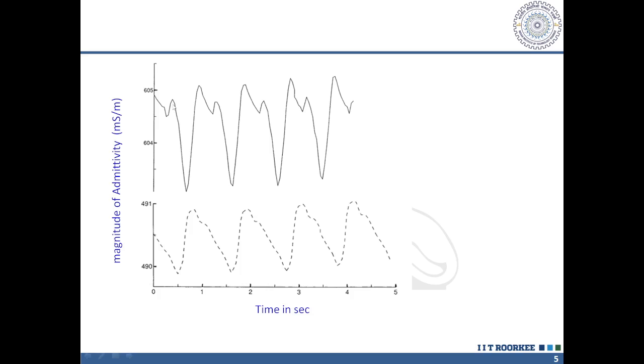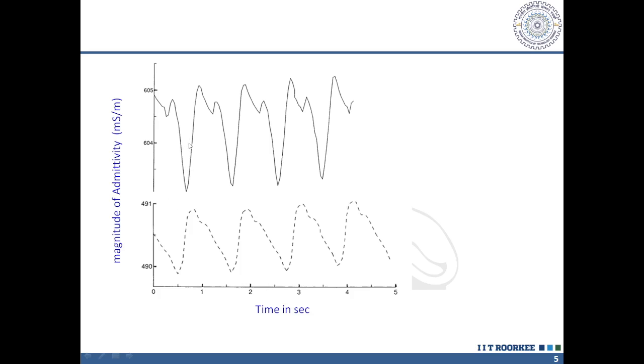You can see here admittivity is rapidly decreasing in this area. Why? Because the ventricles are contracting in this zone. Admittivity decreases, and at the same time admittivity increases in the lungs, because the blood is coming from the heart to the lungs.